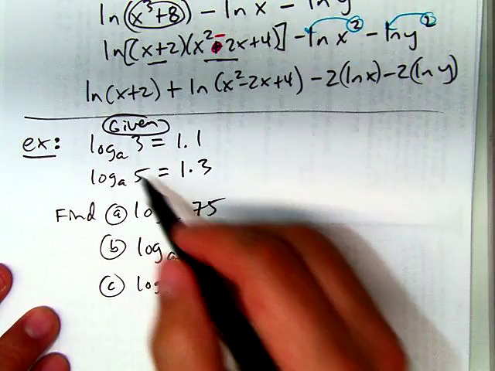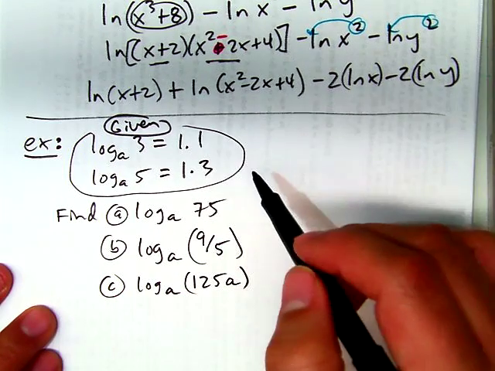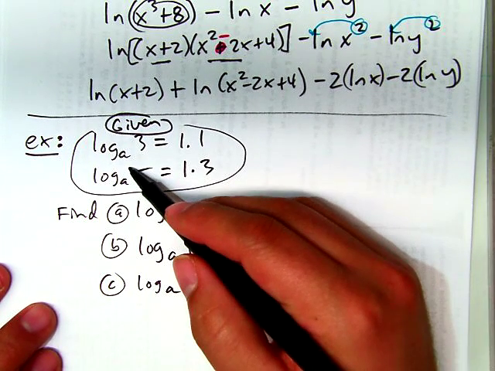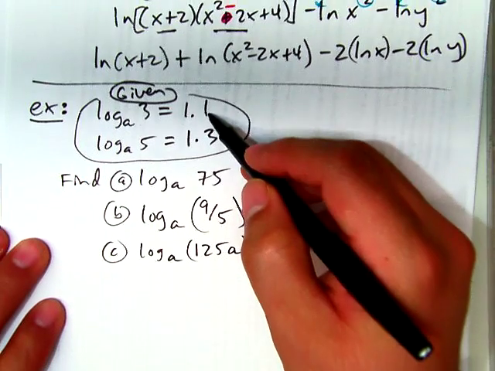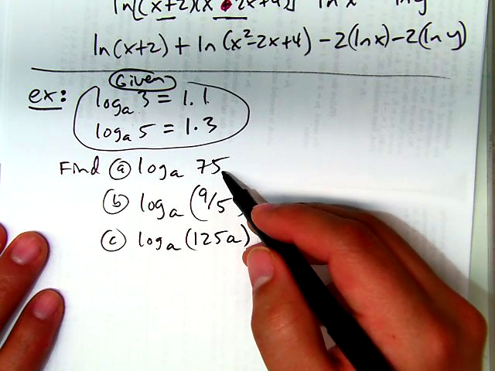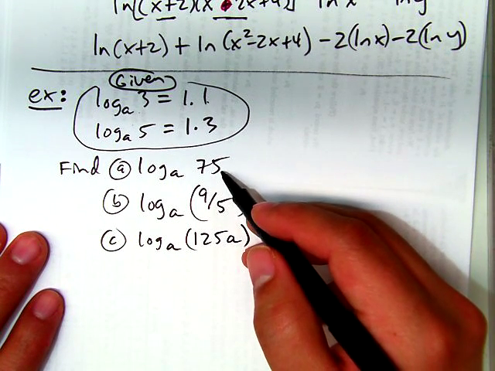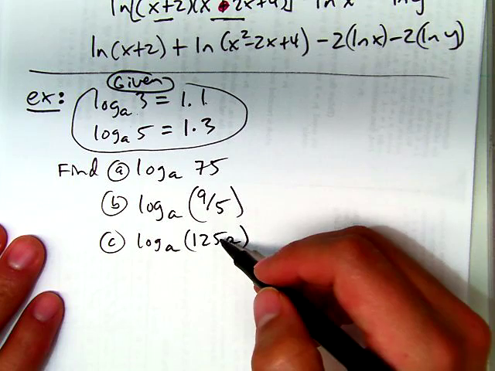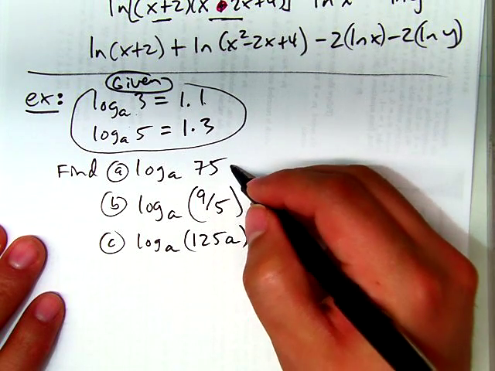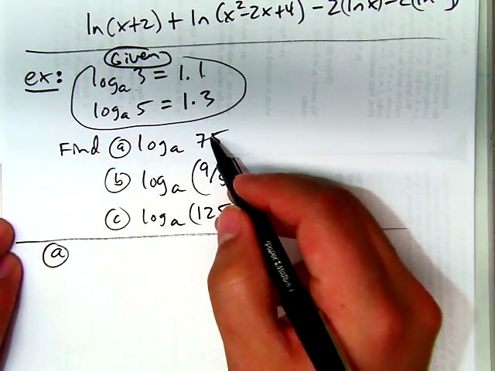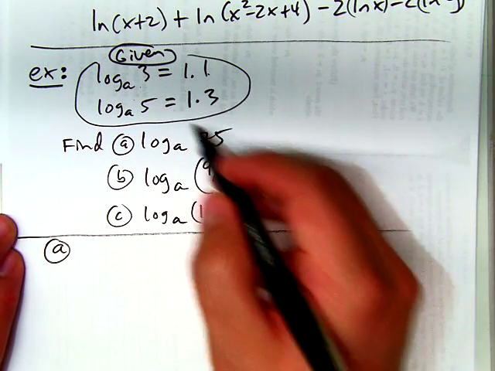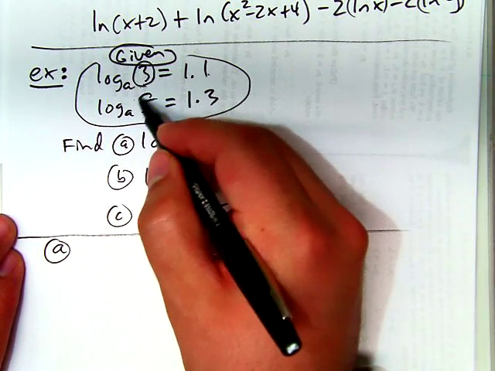Okay, so the idea behind these kinds of questions, if they tell us some information about what kind of logs we have and what those equal, since we don't know what log base a of 75 is, or 9/5 or 125a is, what we want to try to do is, so let me do the solution for a here. We want to try to split up 75 using the numbers that we are given, like 3 and 5.